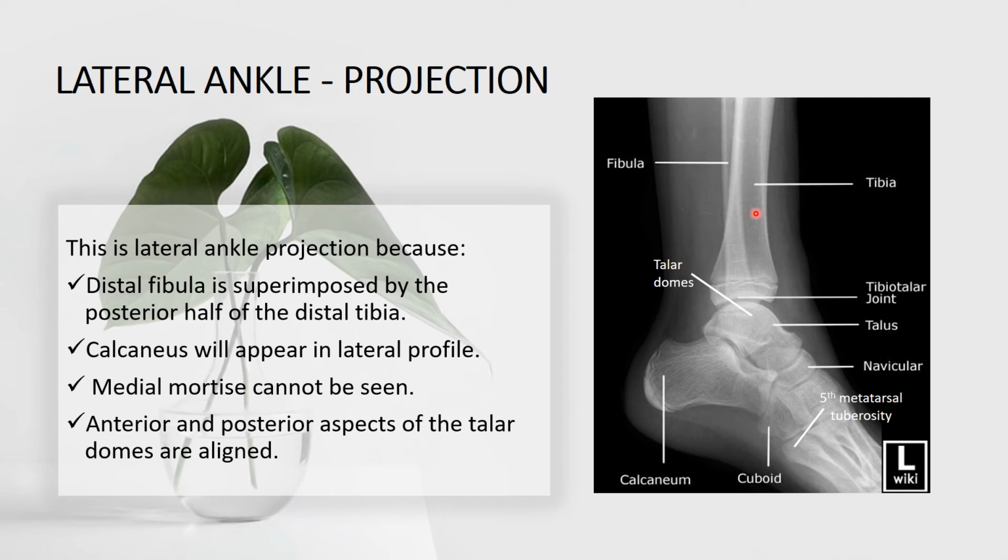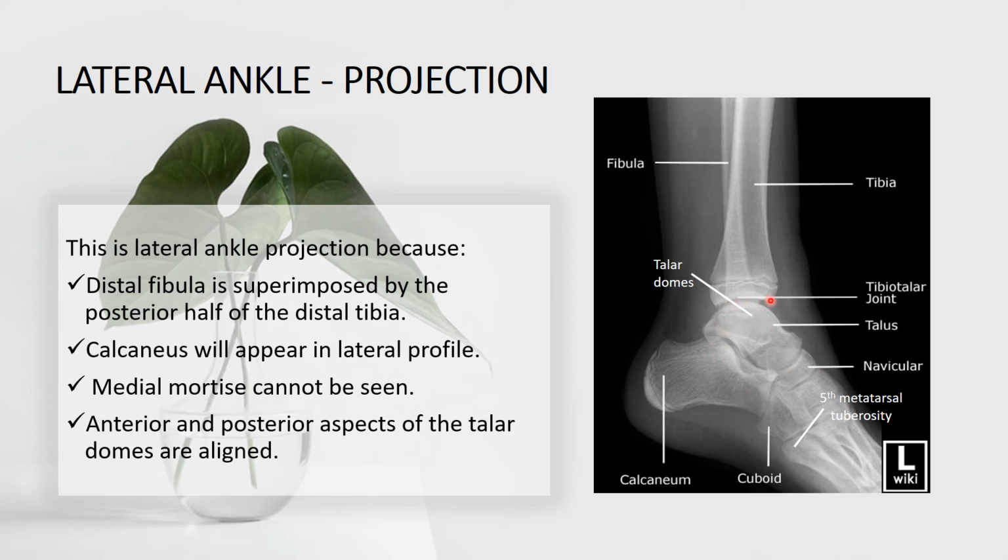This is the lateral ankle projection because the distal tibia is superimposed by the posterior half of the distal fibula, and the calcaneus appears in lateral profile. As you remember before, in AP you can't see the calcaneus because it is superimposed on this region of bone.